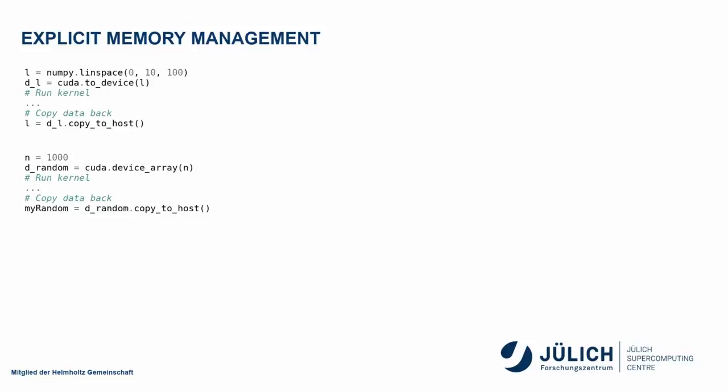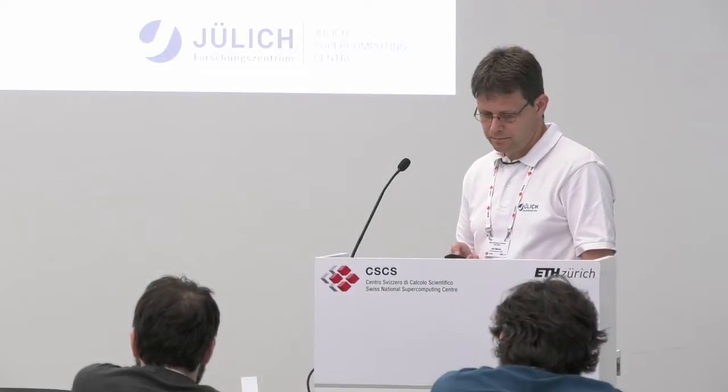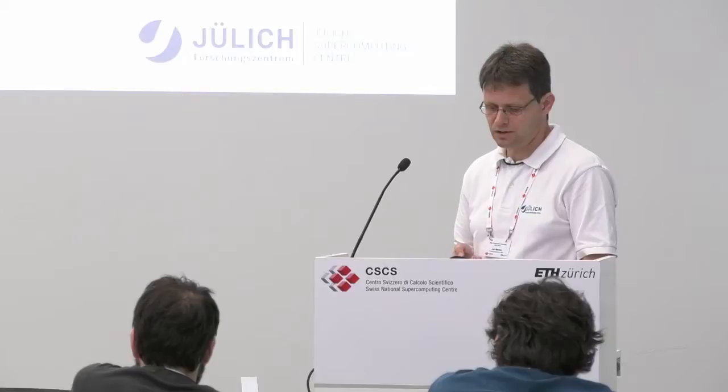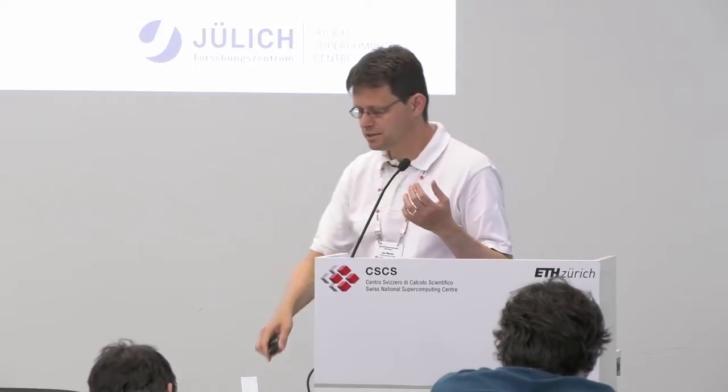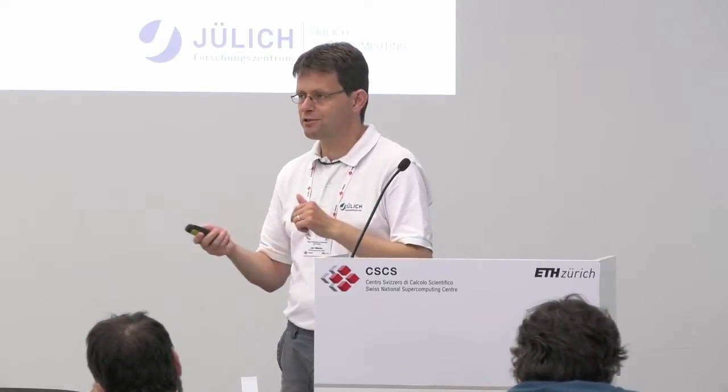I mentioned that the threads that are in the same block can also access shared memory. Shared memory is a user-managed cache. Actually, it is physically the same memory as the cache. And you can tell the GPU how much of the memory you want to use as cache and how much you want to manage yourself as shared memory.